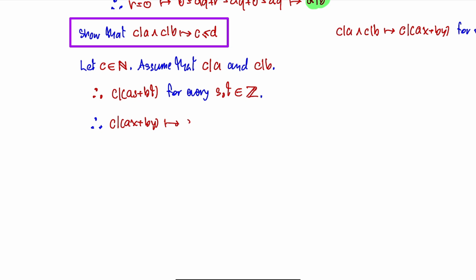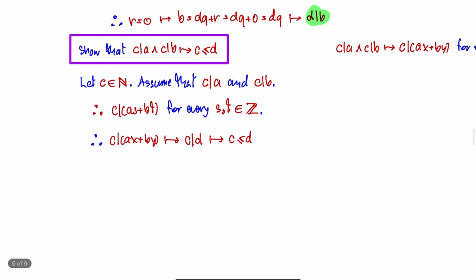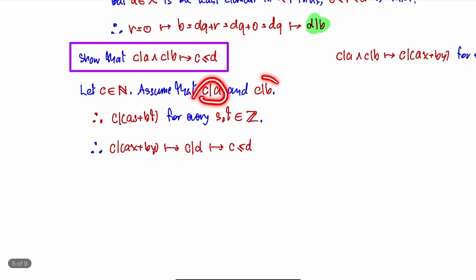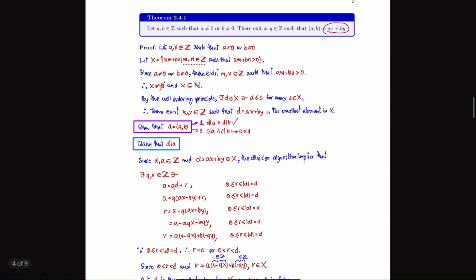That means that c divides d, so this shows that c is less than or equal to d. So we have shown that when c divides a and c divides b, then c divides d, where d divides both a and b. Okay, so we already proved the second one.